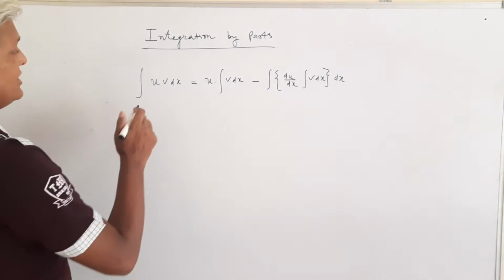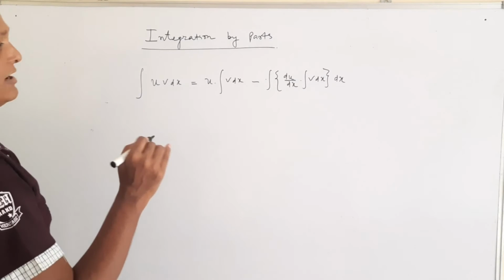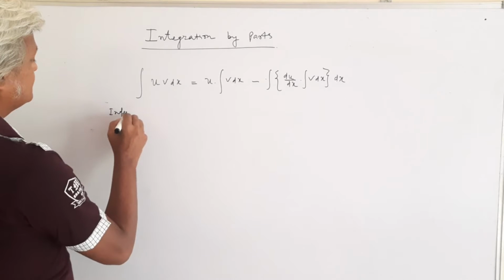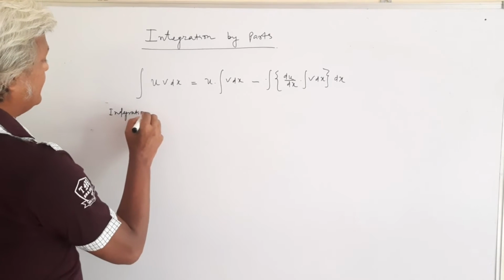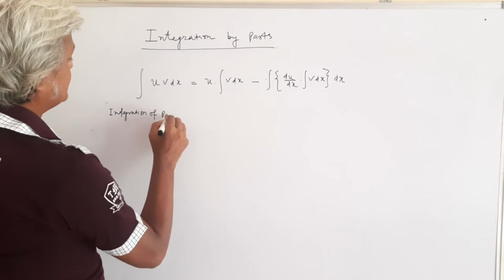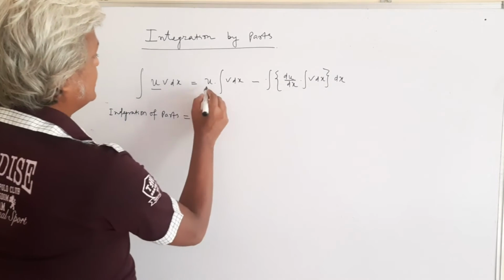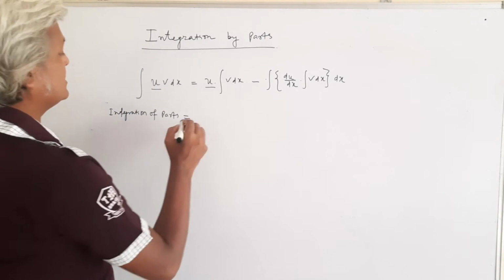If u is the first function, then we can say in our words: integration by parts. You can take this as the first function, and this first function remains unchanged.